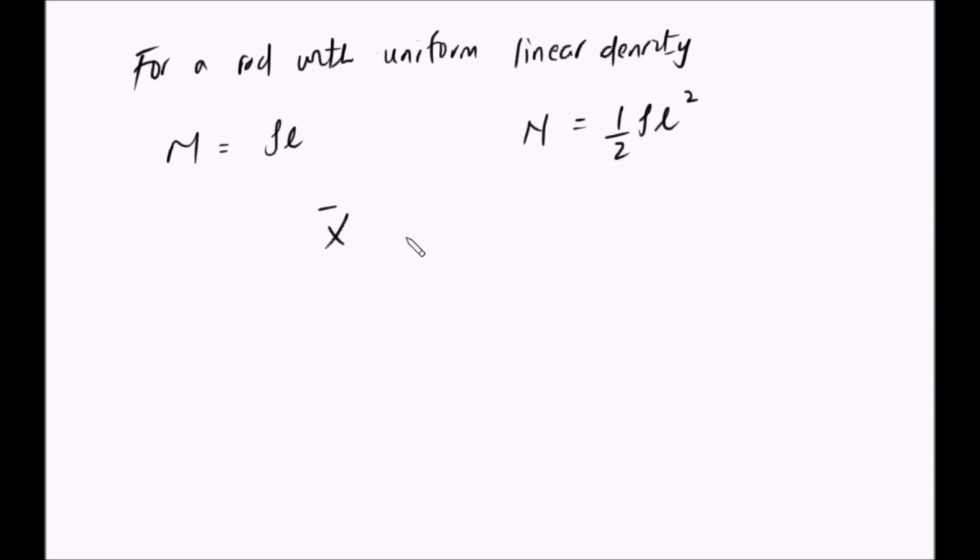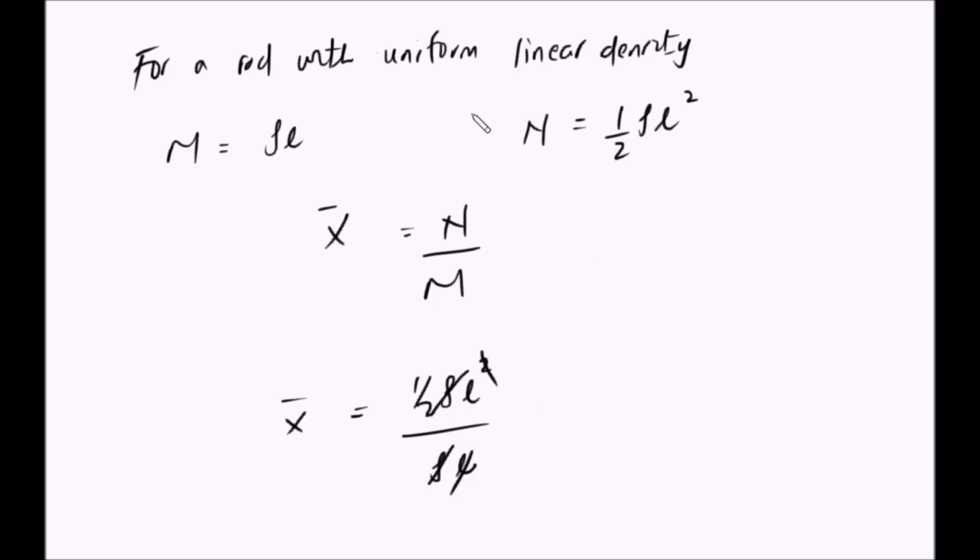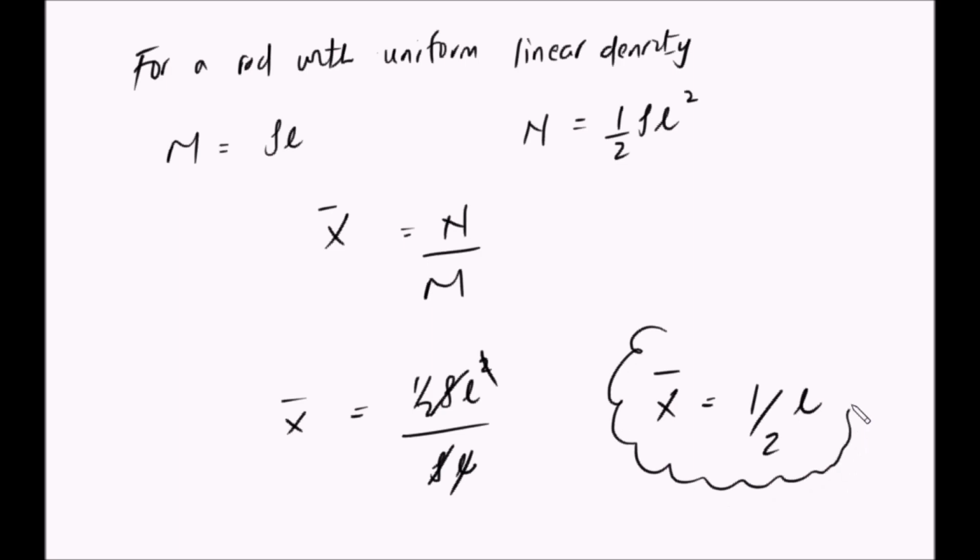So remember, center of mass is the first moment over mass. So the center of mass will be 1 over 2 rho times L squared over rho times L. So rho and rho cancel, one L cancels. So for a rod with uniform linear density, or should I say for a continuous body with uniform linear density, the center of mass is equal to 1 over 2 L. So this is the formula for the center of mass of a continuous body whose linear density is constant. It does not vary with the position.